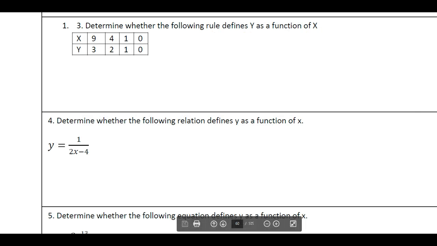Now, did I do 3? No, let's do 3 here. This strange numbering here. Are the x elements used more than once here? Nope. So this is a function.